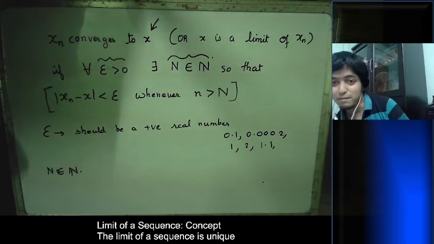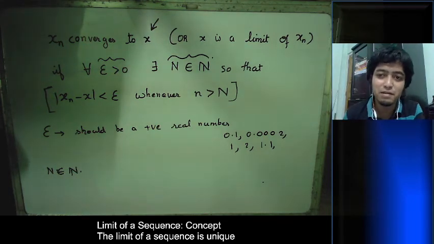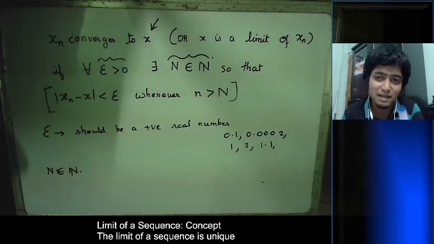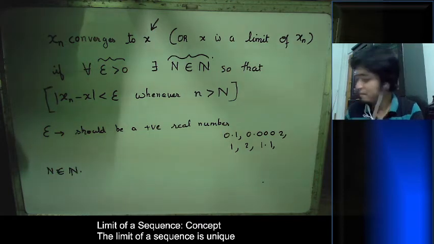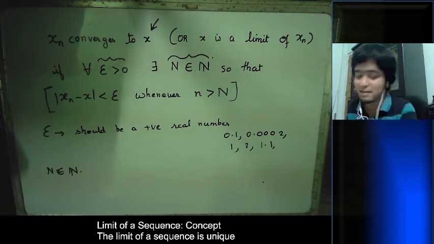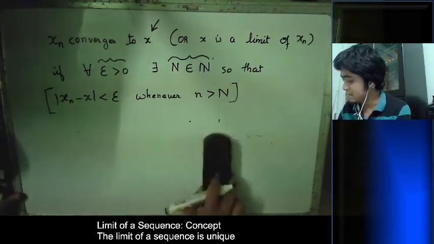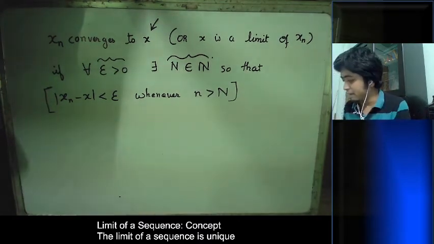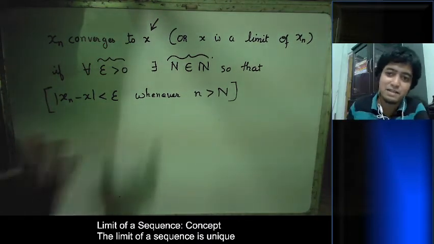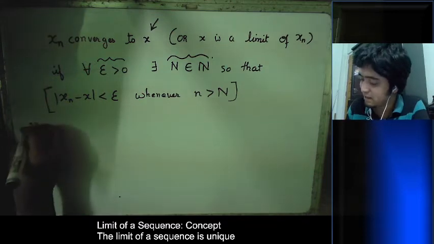So keep that in mind. I will give you epsilon, you will have to provide the natural number N that satisfies this condition. So let's see. All right, I won't erase this definition because you will really need it.